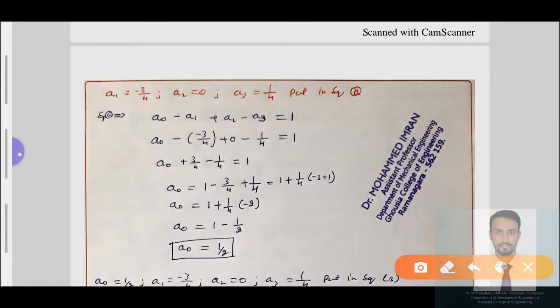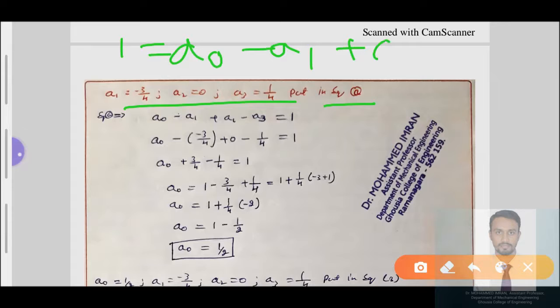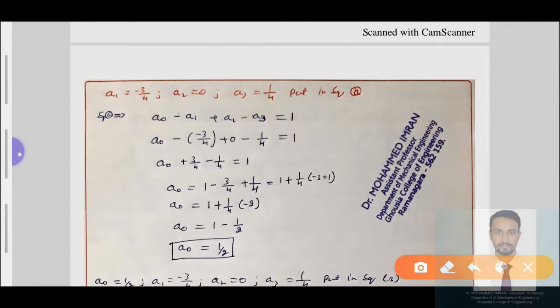Substitute those a1, a2, a3 values in equation number A. Equation A is 1 equals a0 minus a1 plus a2 minus a3. The a0 value we have to find as it is. We have minus of a1, with a1 equal to minus 3 by 4, so plus 3 by 4, plus a2 which is 0, minus a3 which is 1 by 4.